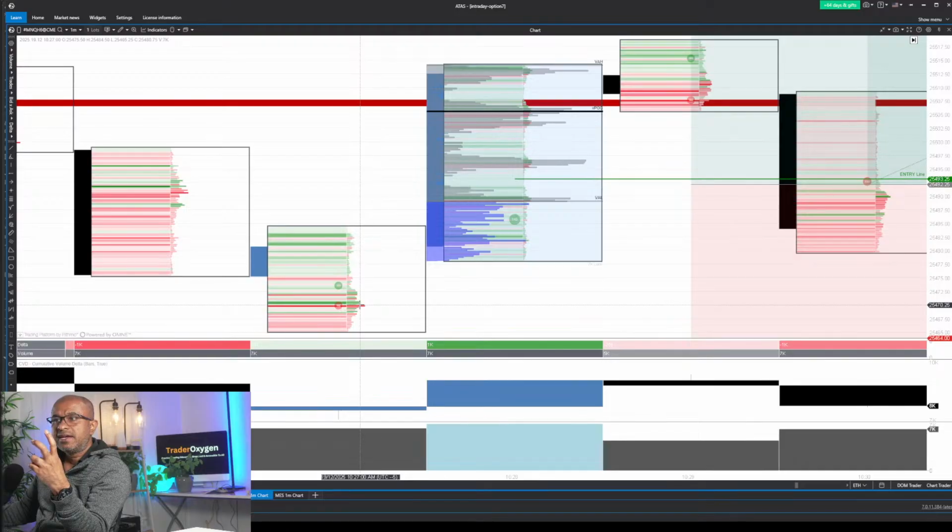So all that tells that absorption happened here, and what that tells is there is a wall of passive buyers sitting here. That means there's a wall of buy limit orders in this area. So that wall of buy limit orders, Ron, is causing the absorption to happen.